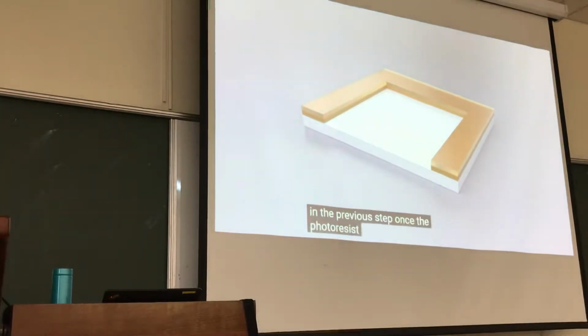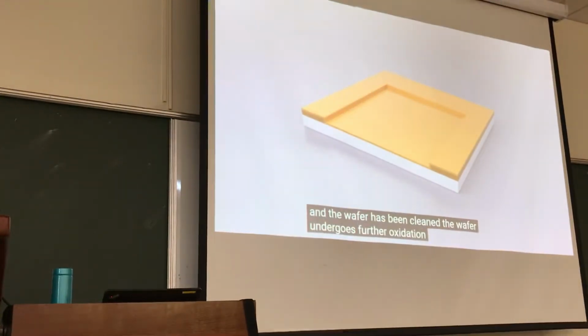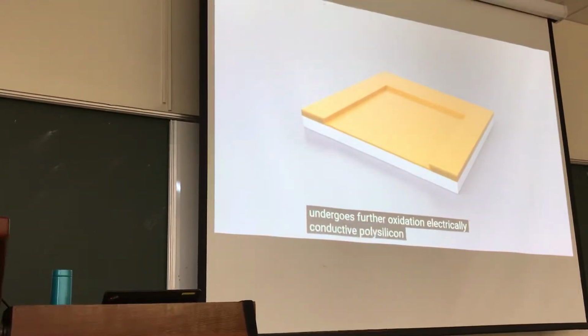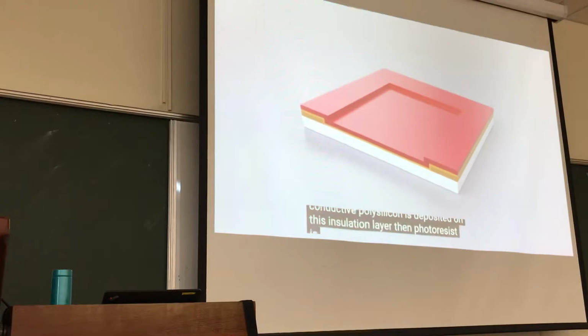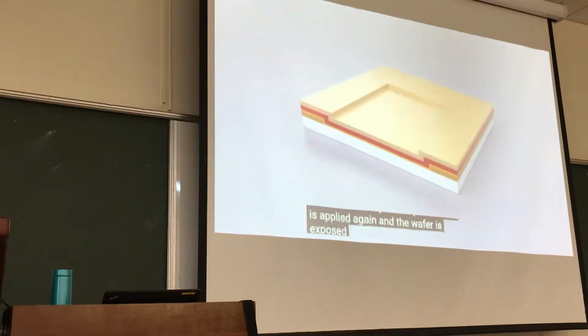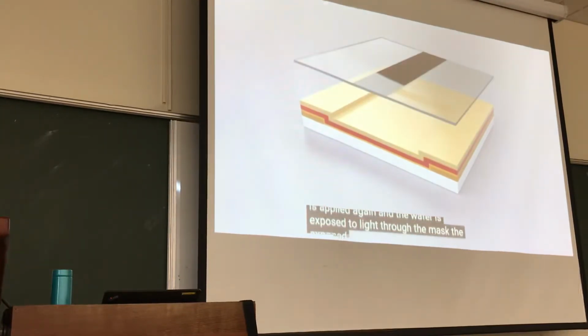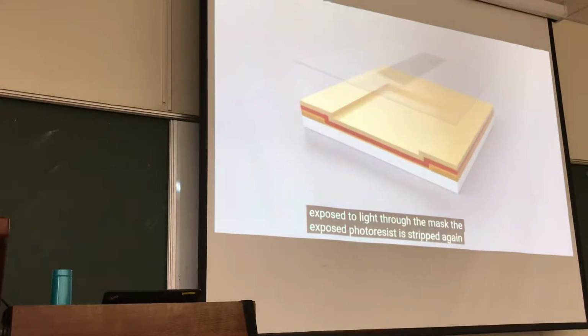Once the photoresist residue has been stripped and the wafer has been cleaned, the wafer undergoes further oxidation. Electrically conductive polysilicon is deposited on this insulation layer. Then photoresist is applied again, and the wafer is exposed to light through the mask. The exposed photoresist is stripped again.